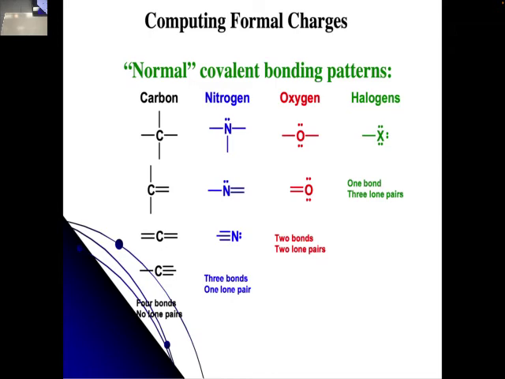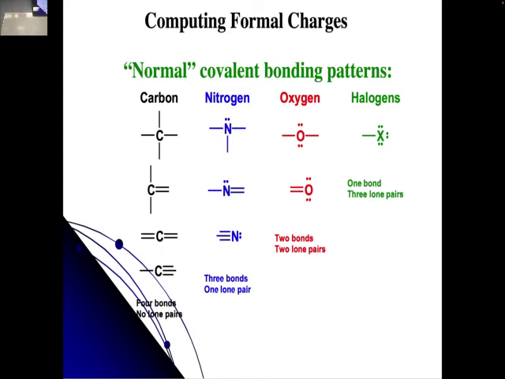It can make 4 covalent bonds as 4 single bonds, and this means bonded to anything. It can form 1 double bond and 2 single bonds. It can form 2 double bonds, or it can form a triple bond and a single bond. All of those are possible for carbon.